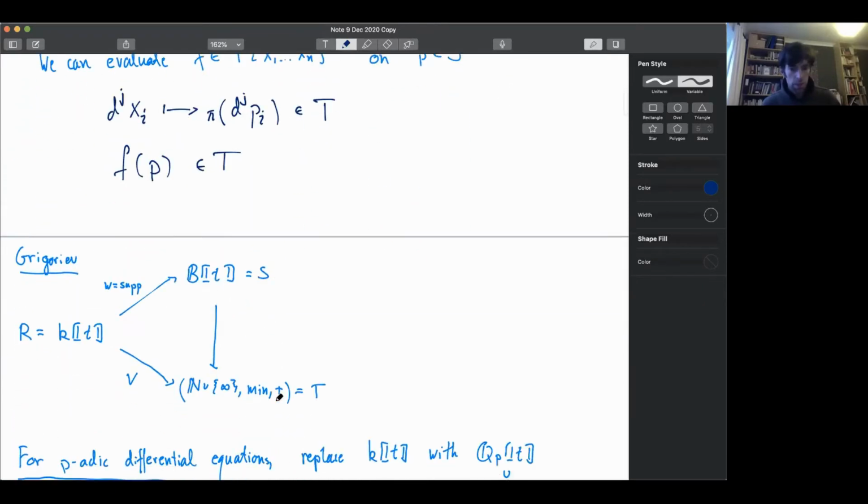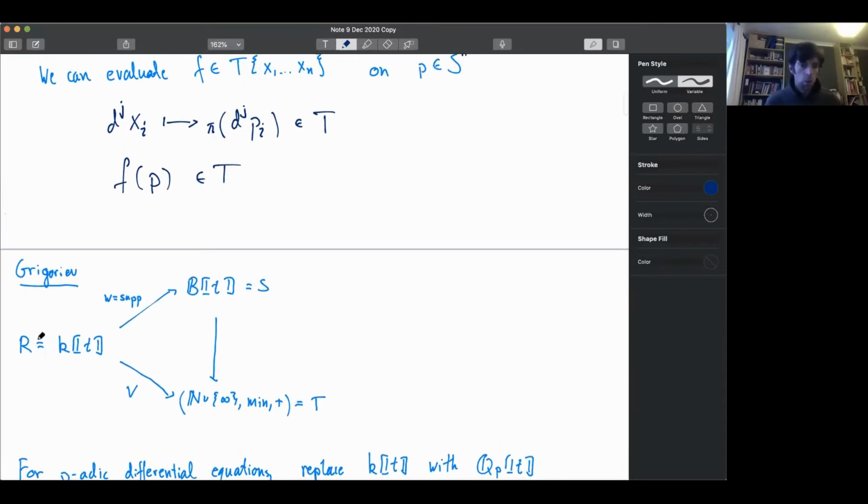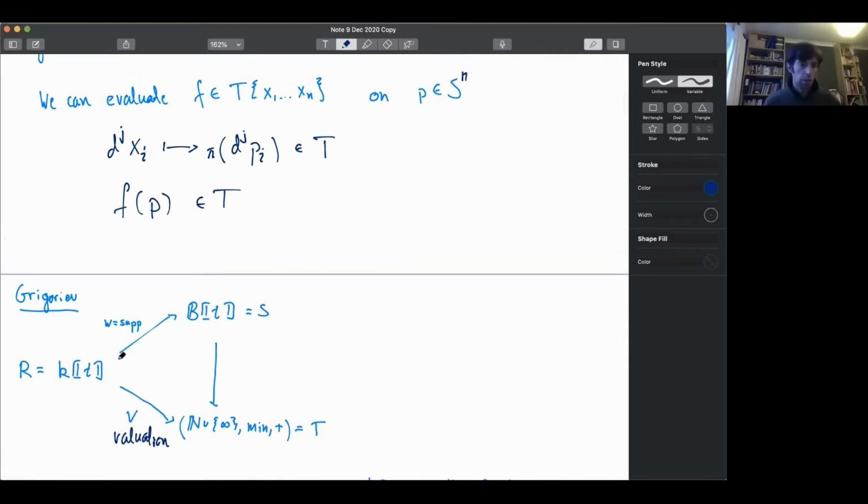So let's come back to Grigoriev here. Grigoriev says we start with R, which is our formal power series. We've got the support map going up here to S, and we've got V going down here to T. V is the valuation. It's the T-adic valuation. And if we're given a system of ordinary differential equations over R, I can tropicalize it.